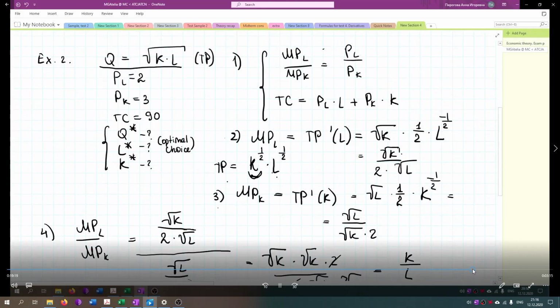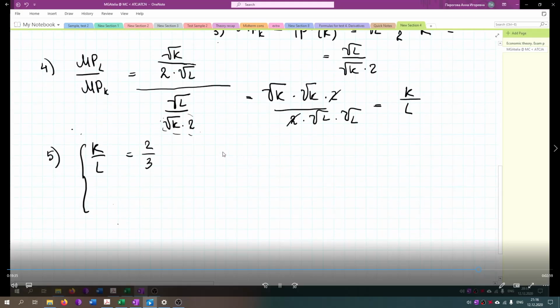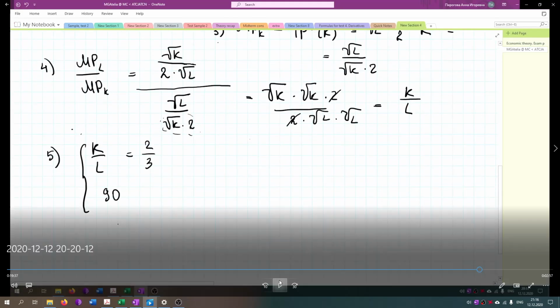So instead of marginal product of labor and marginal product of capital, we use K divided by L, and instead of the right part with the pay for labor and pay for capital, we take 2 divided by 3.